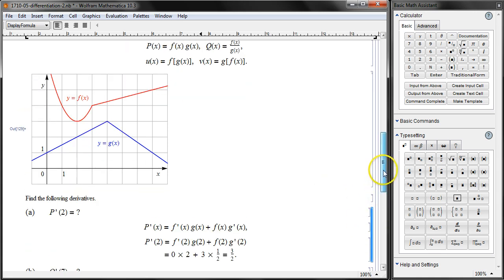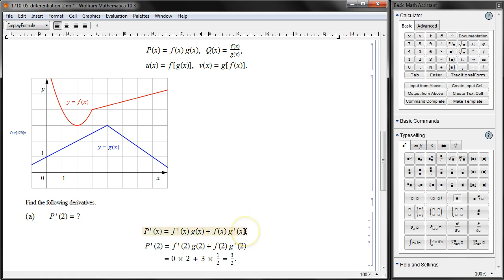Here's the answer key. The product rule, so far so good. And then plug in x equals 2, we get that. But then again, here's the tricky part. What is f prime of 2? I don't have the table. I don't have explicit information. I have to go to the graph and figure out from there.